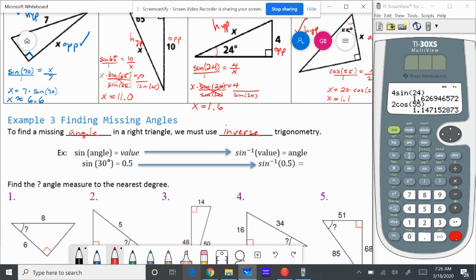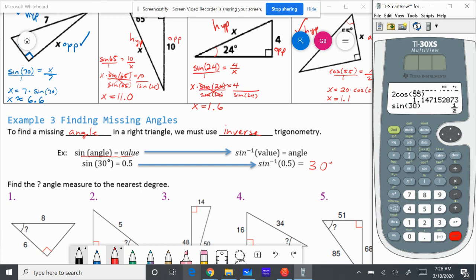If you have the sine of an angle, which is equal to a value, then the sine inverse of that value is going to give you the angle. So if the sine of 30 degrees is 0.5, then the sine inverse of 0.5 is going to be 30 degrees. You can check that with the calculator.